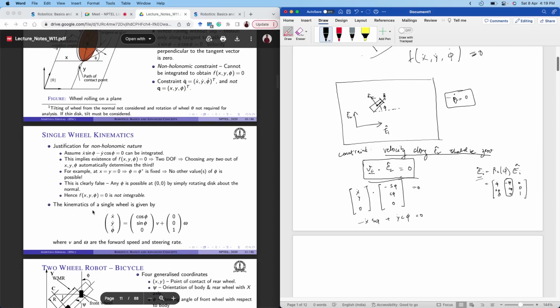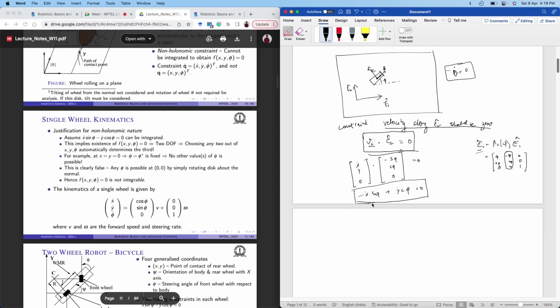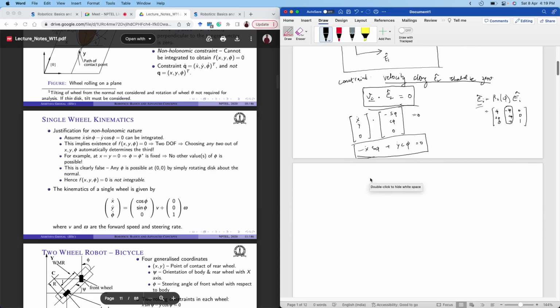Okay, and this is a non-holonomic constraint, and about non-holonomic constraints, I have talked in much detail in the lecture. So you should go to the lecture if you do not know what a non-holonomic constraint is.